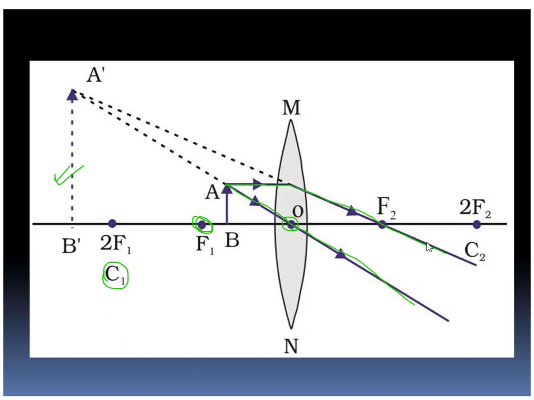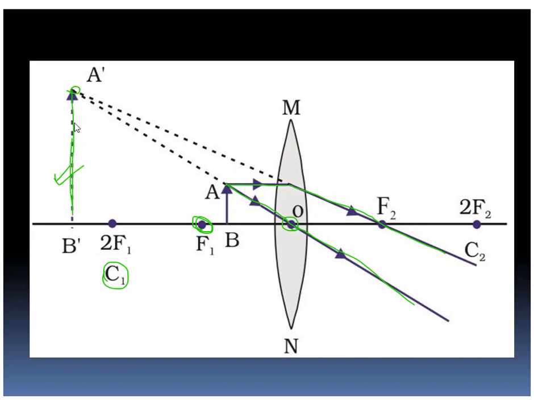So what we will do, we'll pull this one in the backward direction. We'll also do the same for this one. Here the dotted rays are the non-real rays. Now here these two rays will meet at this point. So here this is the image.